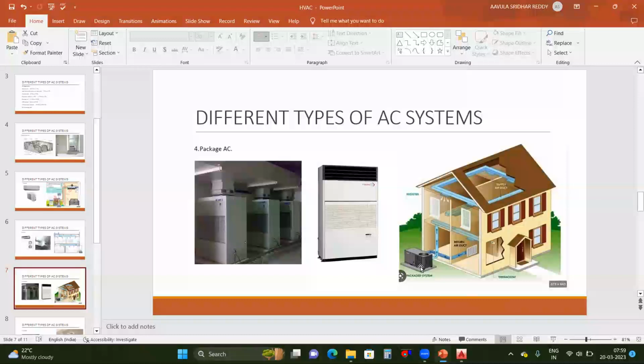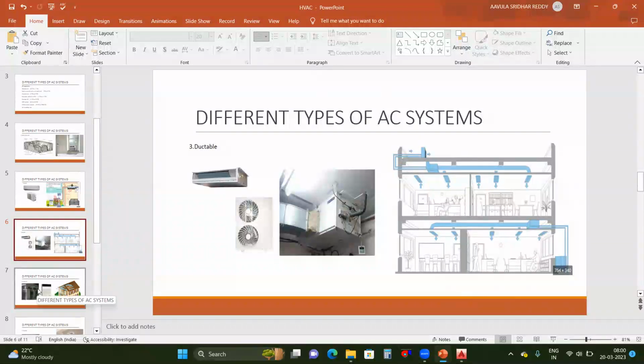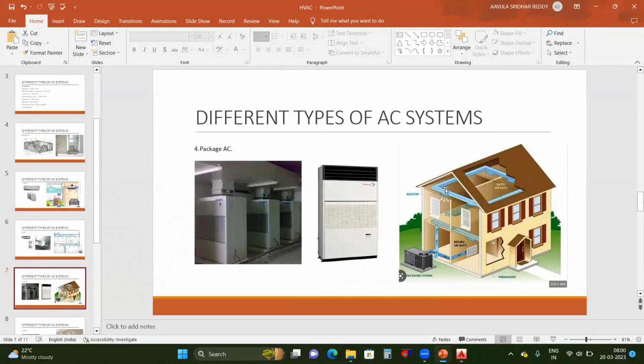We have placed the package AC on the floor, on the earth, and from there we have taken the supply connection and transferred it to the entire building. We distribute the air with the help of grills. It is the same concept as in the ductable AC; instead of a ductable AC, the unit is a package AC. Return we have also taken and connected here. The same thing, but the capacity will be higher.